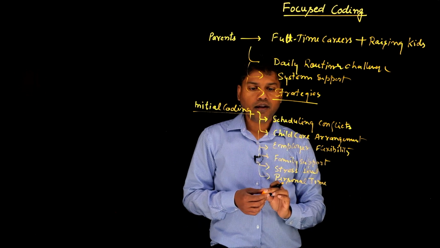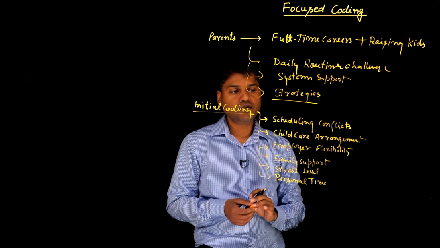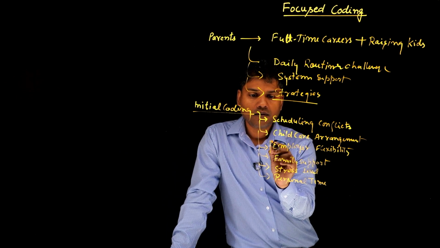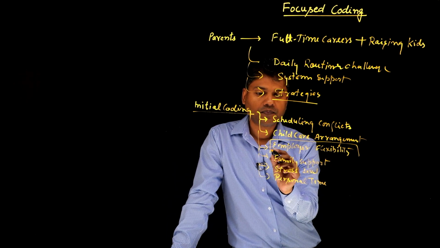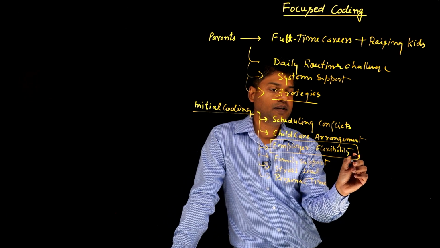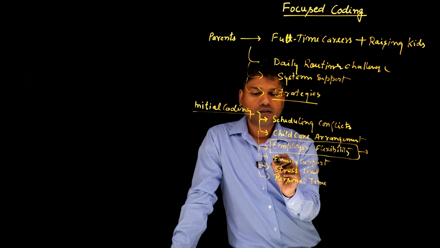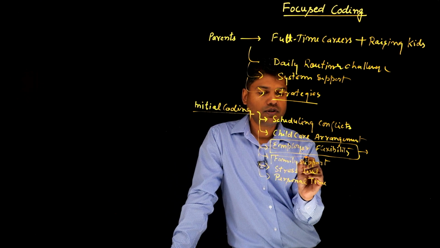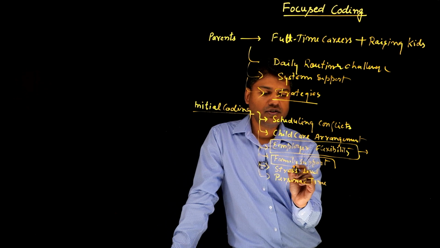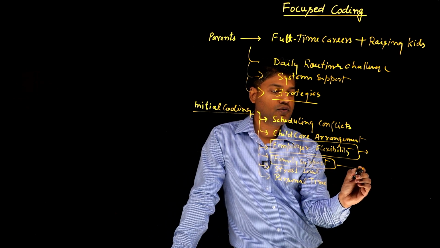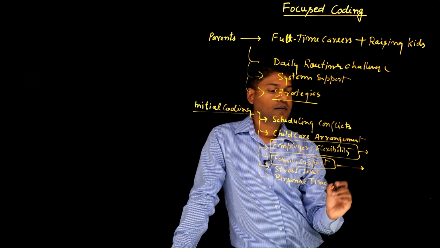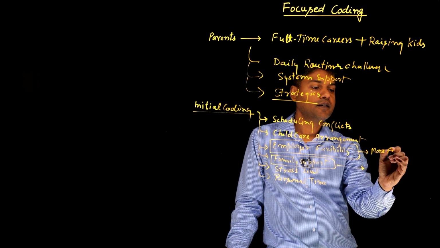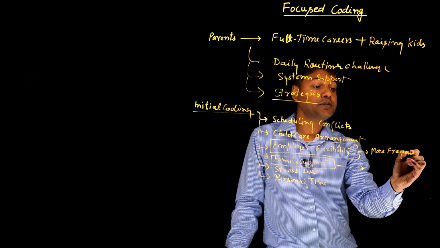And let's say when I have a closer look at these initial codes, I found that this code, employer flexibility, and another initial code, family support, let's say these two codes have more frequency across the participants.